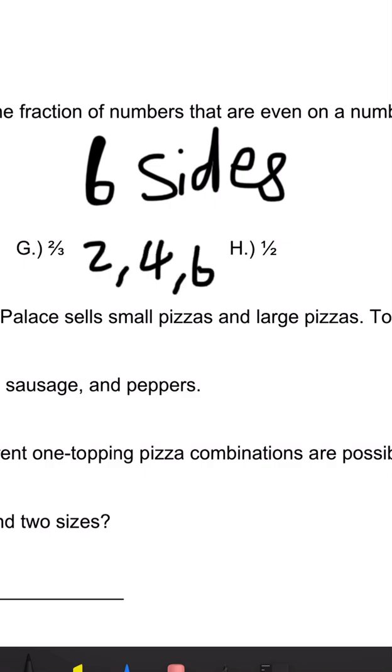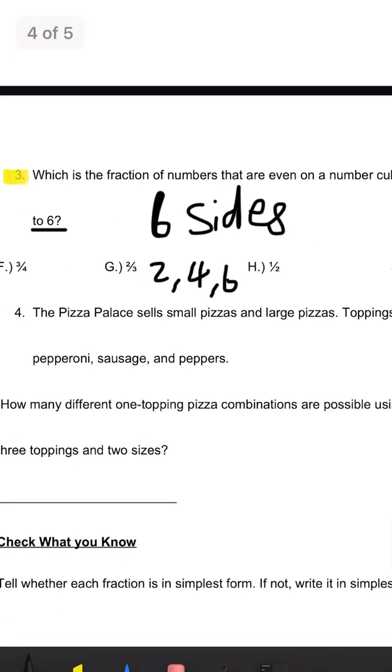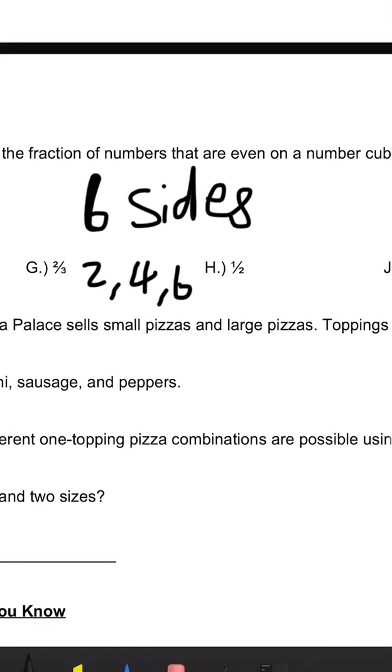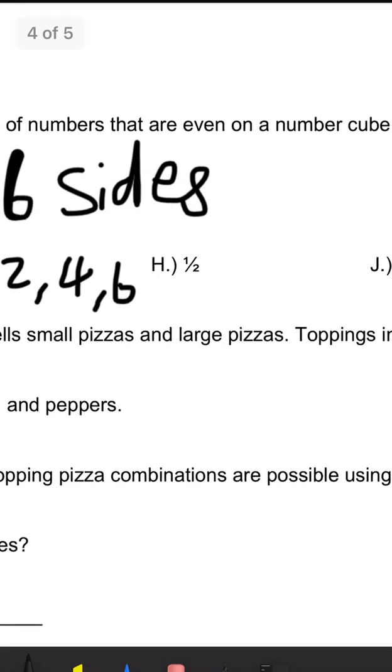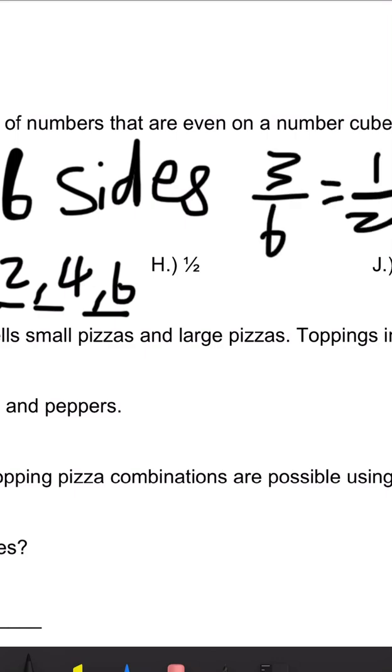We know that it ends at 6 because it says 1 to 6 here, and it starts from 1, which is why we know the first even number is 2. So 6 total sides, and we have 1, 2, 3 even choices. So we put 3 over 6, simplify that to 1/2, and we know that H is our answer.